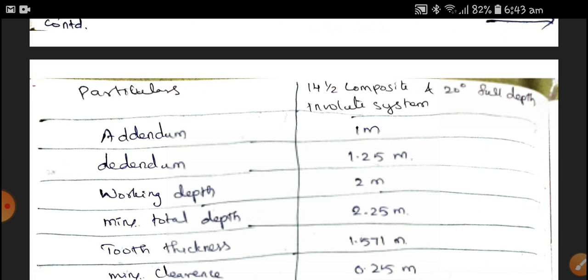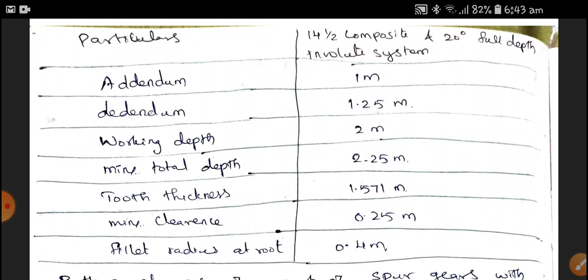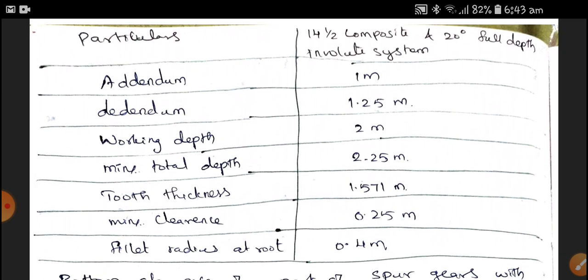And next, certain particulars for finding common values, the common design procedure for the 14 and half composite as well as 20-degree full depth involute system, that is the addendum value. From the module only we get all the design values of the gear terminologies.